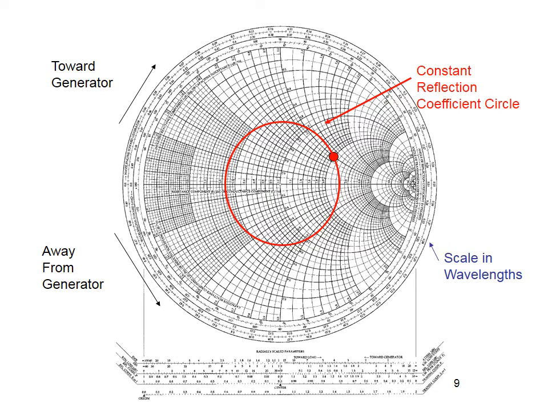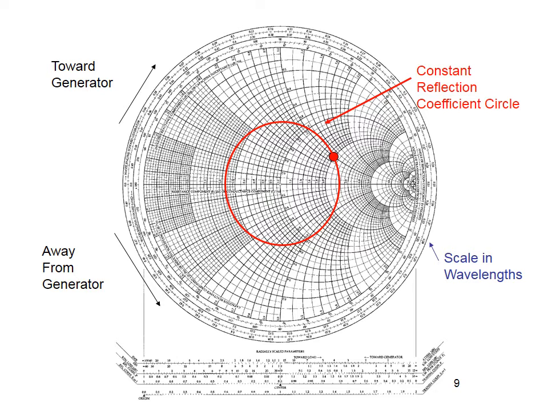By looking at this figure, you can easily identify the reflection coefficient here and here, and whether the generator is placed towards or away. In this way the wavelength can also be found.